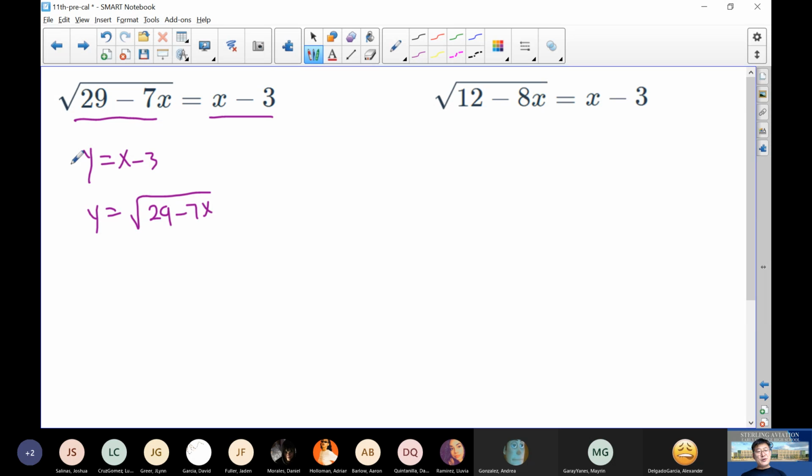Do you know how you solve this one with a calculator? Go to y equal in the TI-84, right? You put in the y1 this and the y2 this, right? Do you know that? And then you go to second, I forgot it.